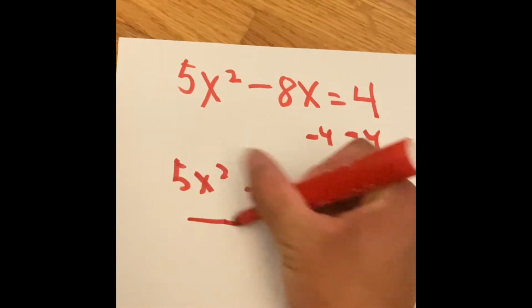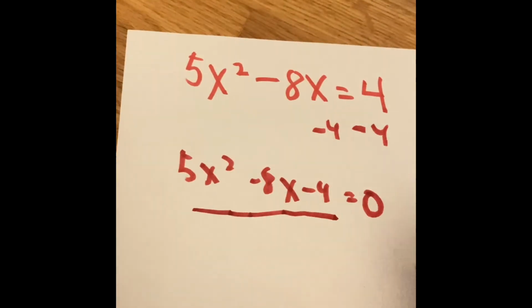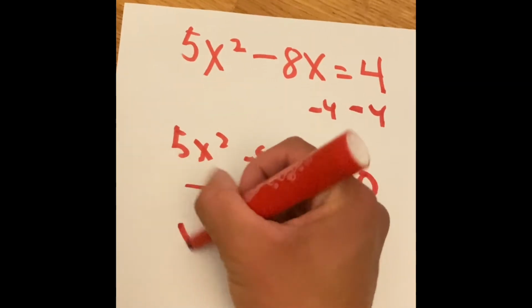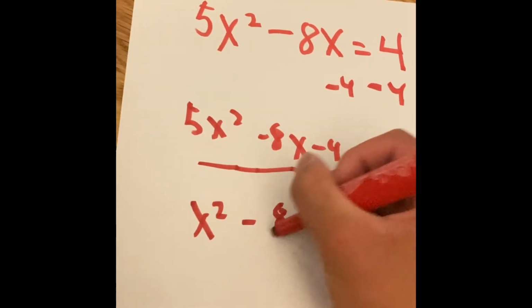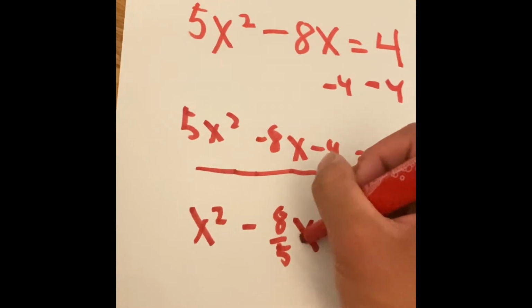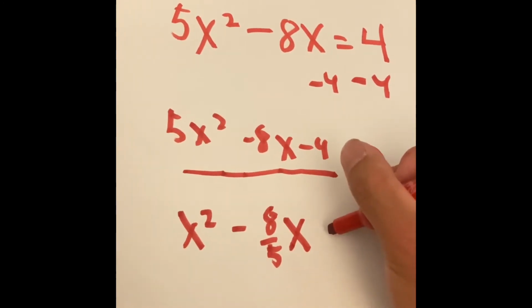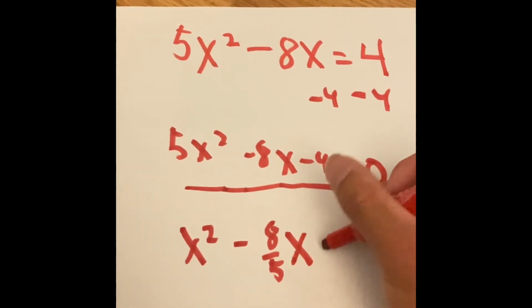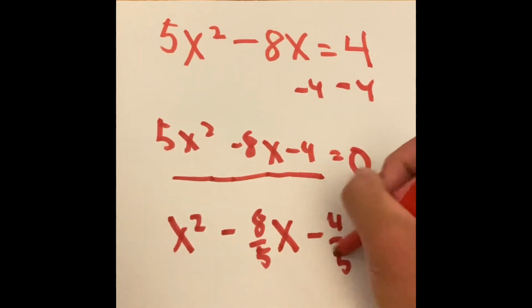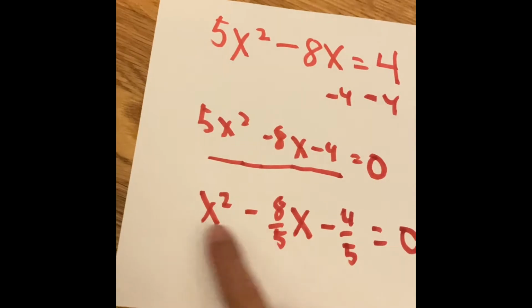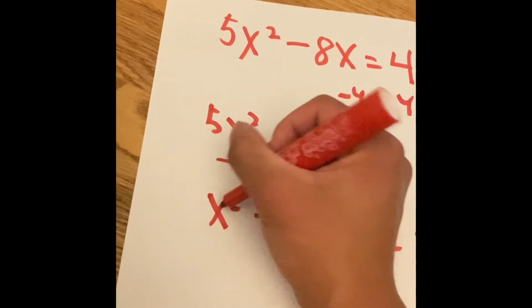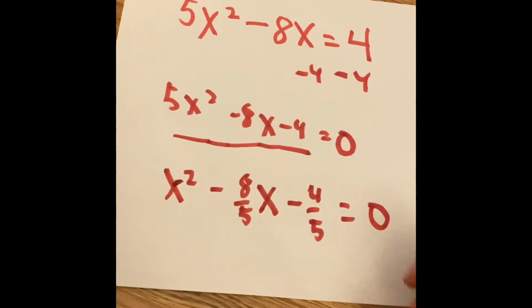So divide everything by 5, we will get fractions, unfortunately. x squared minus 8 over 5 x minus 4 over 5 equals 0. Since we got x squared alone, we can proceed as normal.